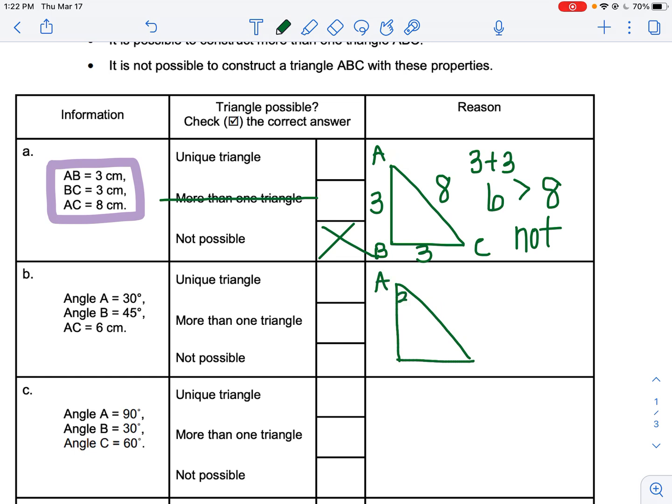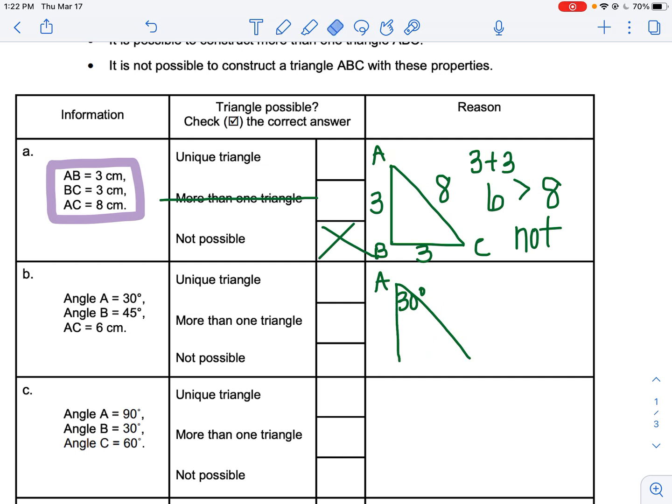Going to example B, let's draw ourselves a picture here. Angle A is 30 degrees. Angle B is 45 degrees. Now check that out. Does it make sense that in a right triangle, I put the B in that space? Even though every other triangle has gone ABC, it doesn't.